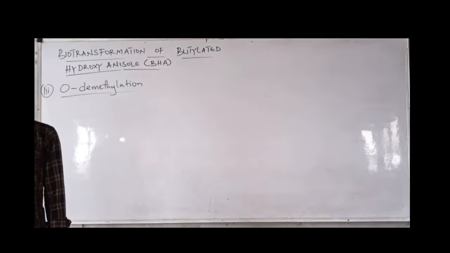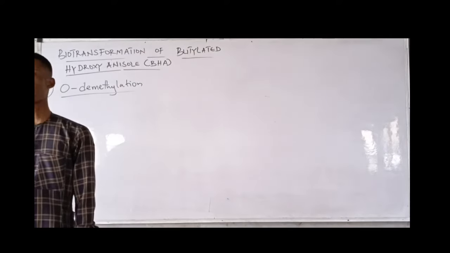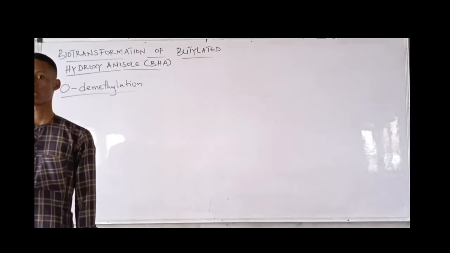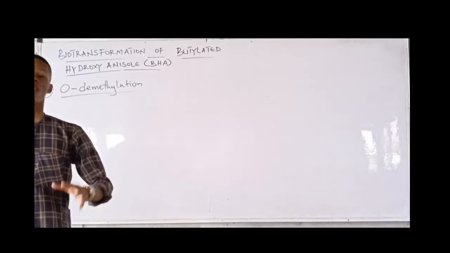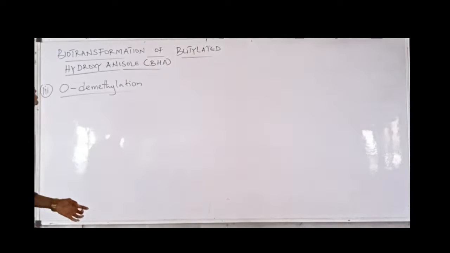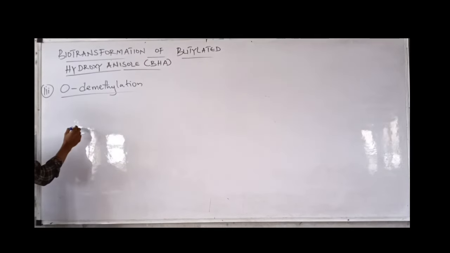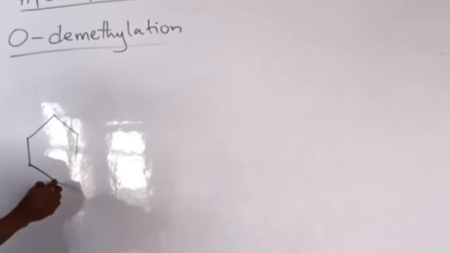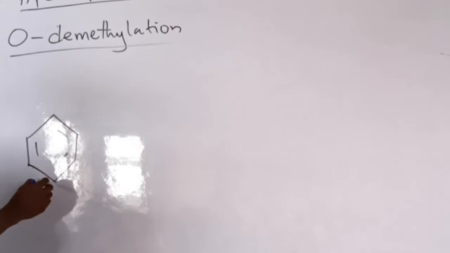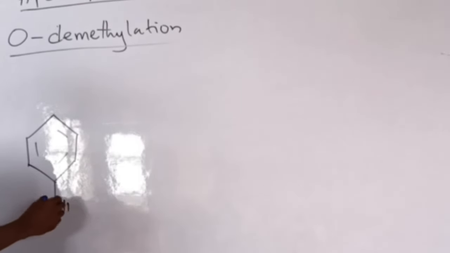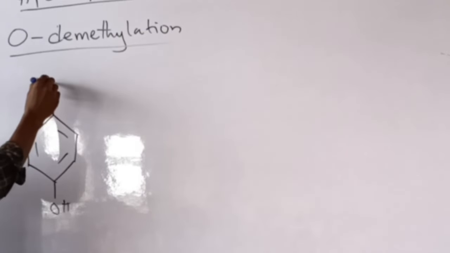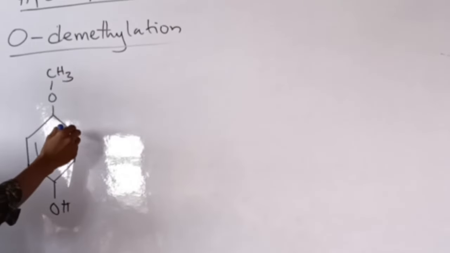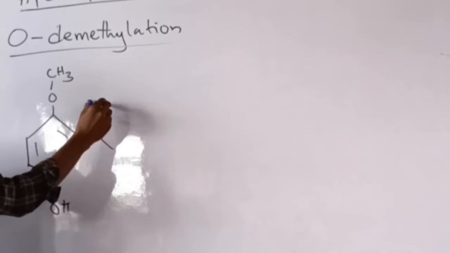This is not a typical phase 2 reaction because we are not conjugating with something. This is a phase 1 reaction. Now, O-demethylation, let's remember the structure of our butylated hydroxy anisole. Here is what? What do I have here? O what? And here I have my butyl group, right?